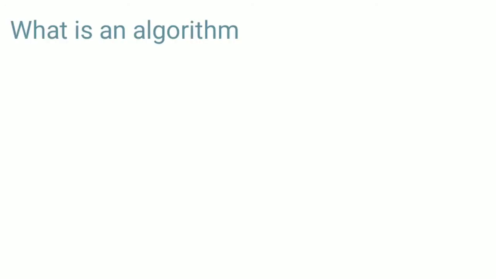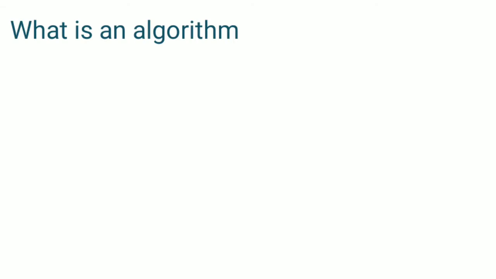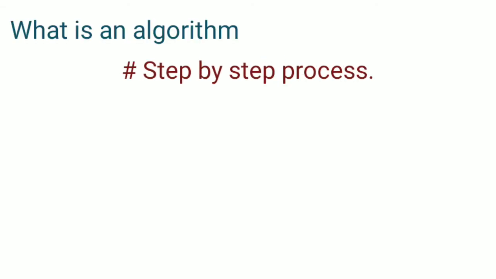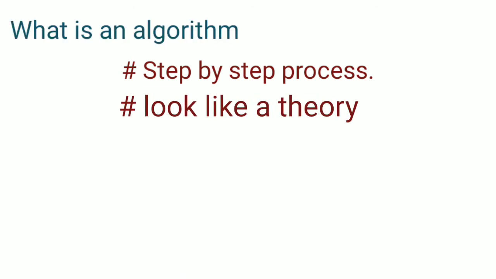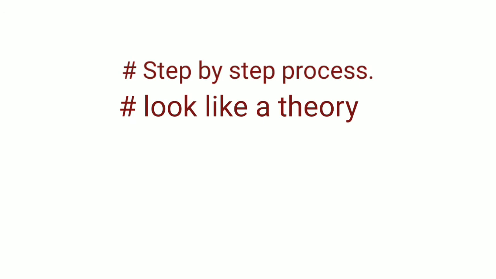First, algorithm. What is meant by algorithm? It is simply a step-by-step process. It looks like a theory. I already told two examples in the last video. One, going to school.